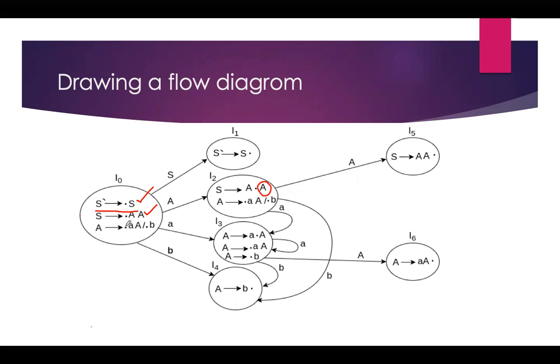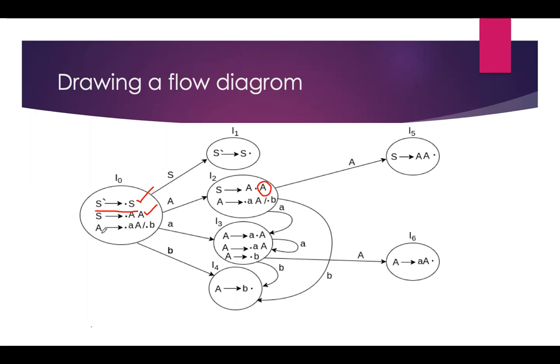A tends to small a. In this state, after the small letter a, we are moving the dot: A tends to a dot A. After the dot, it is a capital letter, that is a non-terminal. Again, we need to include all the production rules of A. So A tends to dot AA and A tends to dot B. This is also different from these two states, so here I have given the name I3.